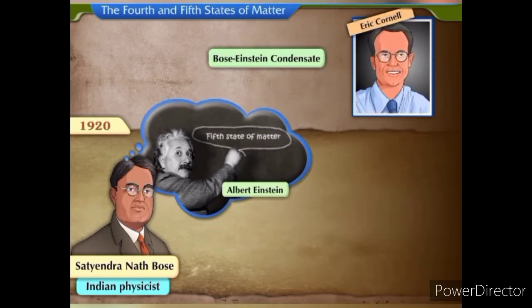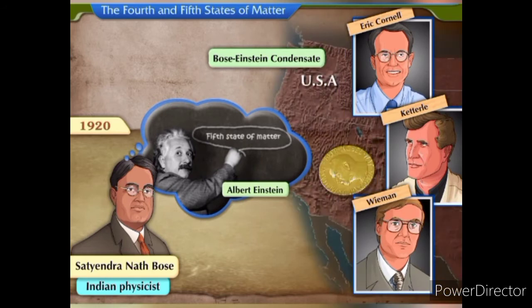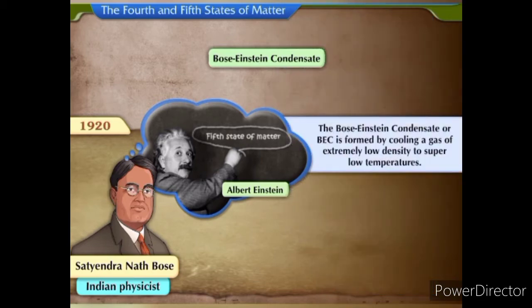Scientists Eric Cornell, Ketterle, and Wieman of the USA received the Nobel Prize in Physics for achieving the Bose-Einstein condensation. The Bose-Einstein condensate, or BEC, is formed by cooling a gas of extremely low density to super low temperatures.